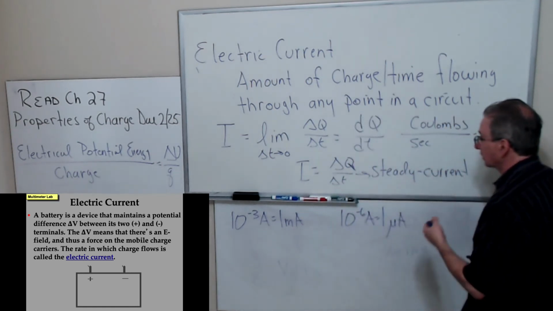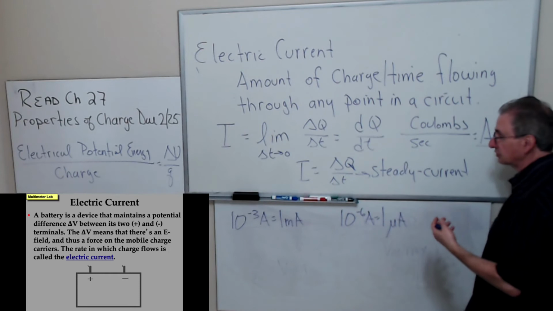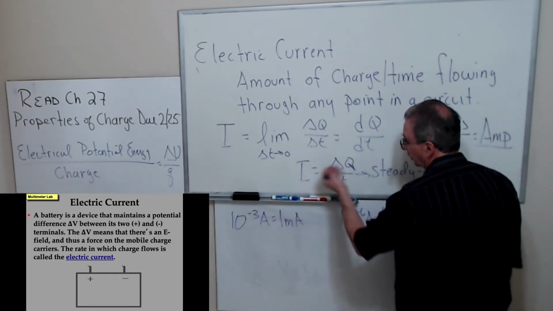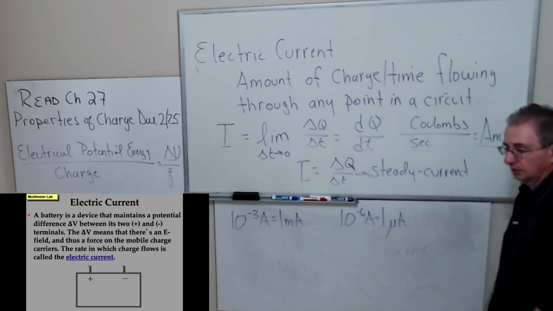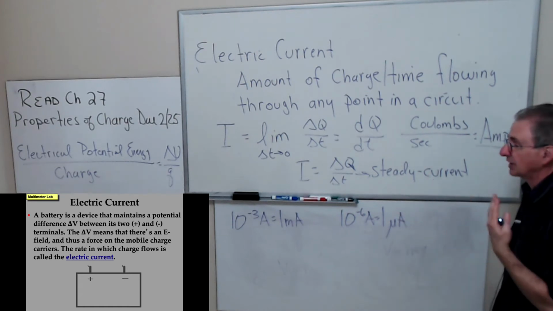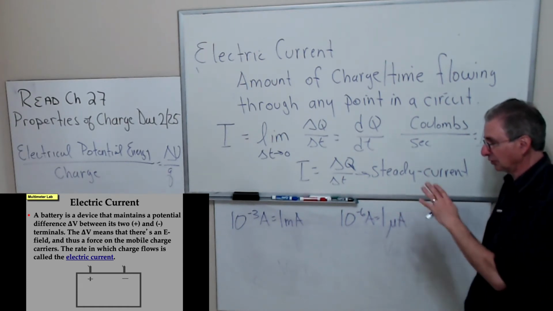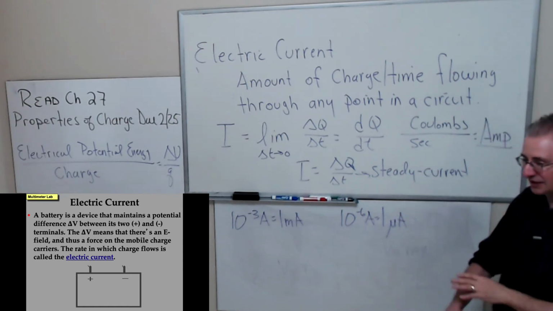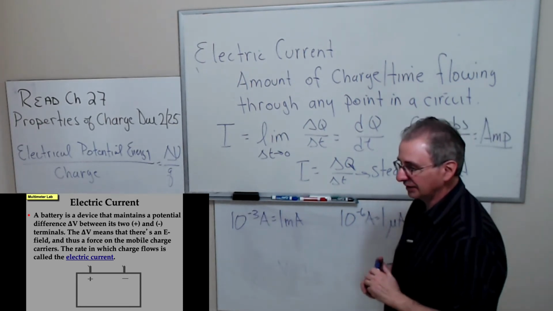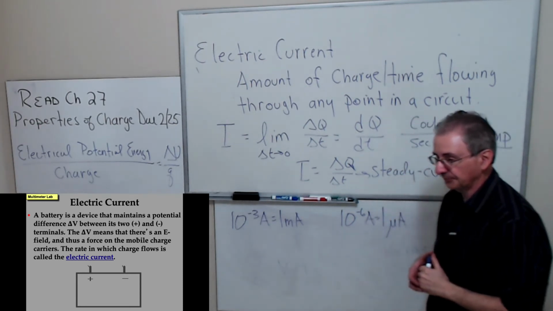In other words, the more the opposition to a flow of charge, the lower the current. That's the last item we need, at least for now. We'll introduce other items later on. Okay, but this will get us pretty far.